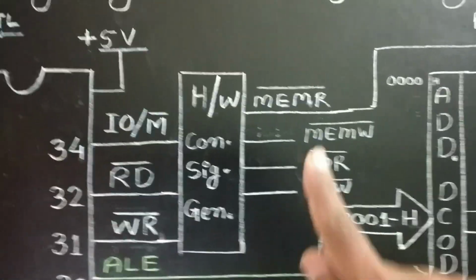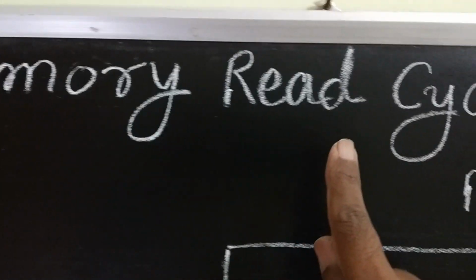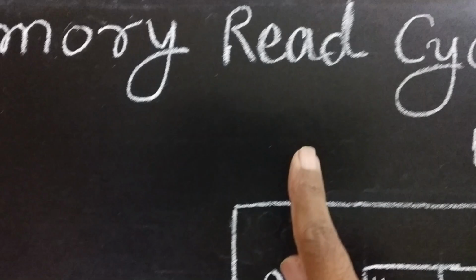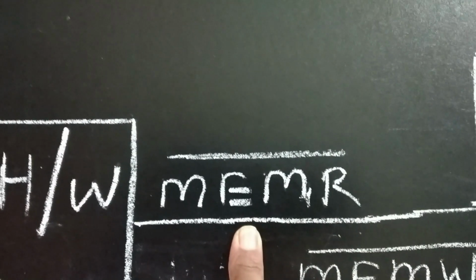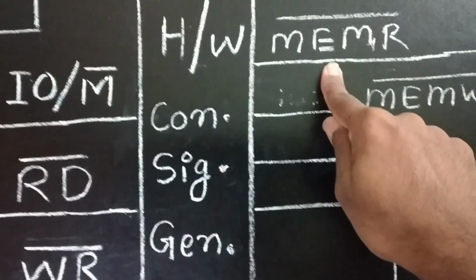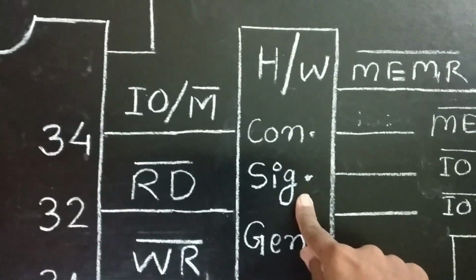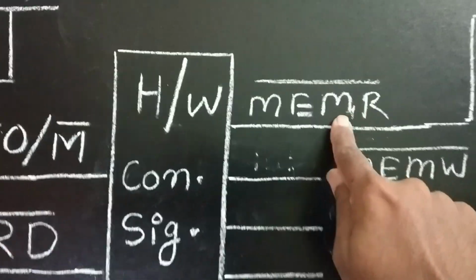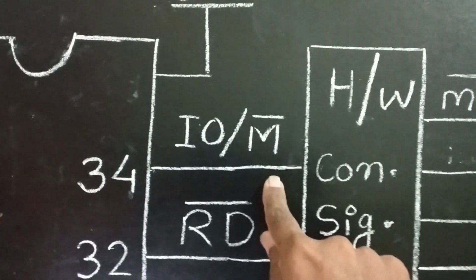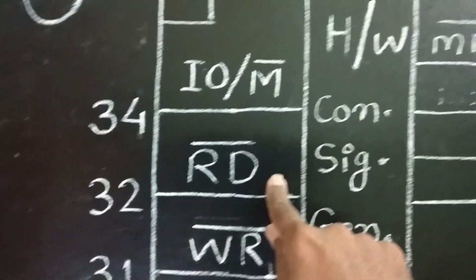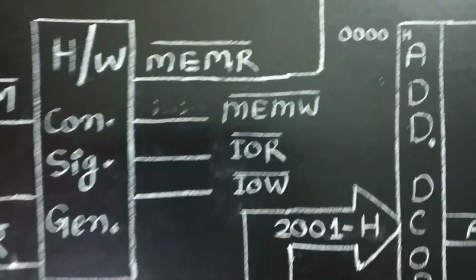Because today we have to understand the memory read cycle, we have to use the memory read signal, which is generated by the hardware we explained earlier. For generating this memory read signal, IOM bar as well as read bar are used, and memory read is generated.